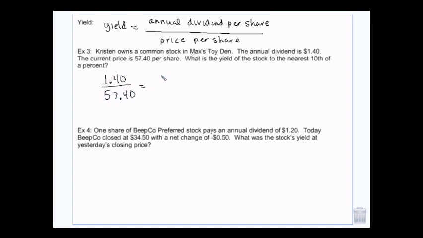And I'm going to get 0.0243902 and some stuff, which gives me a yield of about 2.44%. This gives me sort of my earnings idea. I'm earning 2.4% on my money. Now, if I had invested this in a savings account, I might be getting like 0.5% on my money or something. So I'm earning good money here.